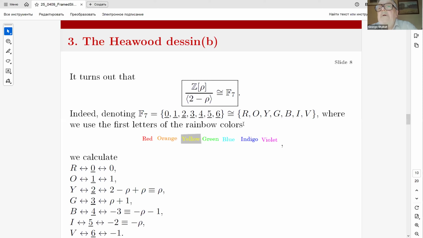By the way, again, during this preparation, I learned something I didn't know before.